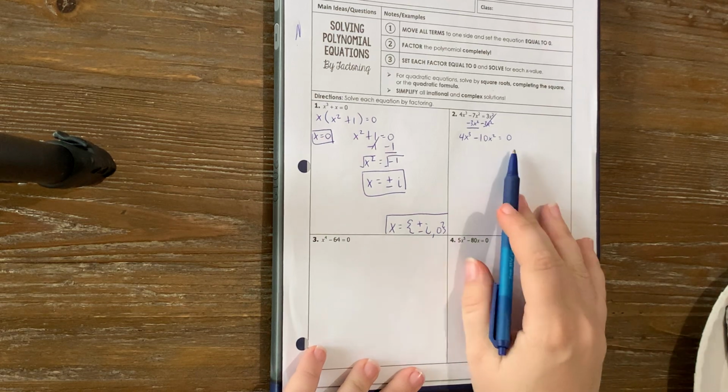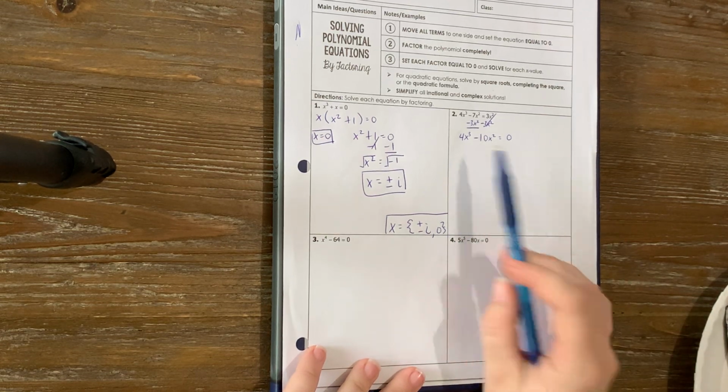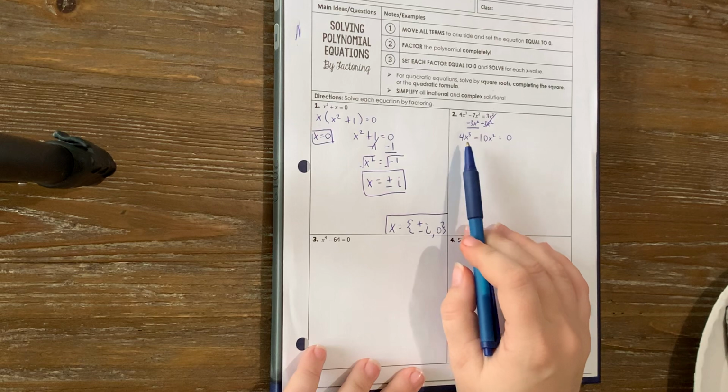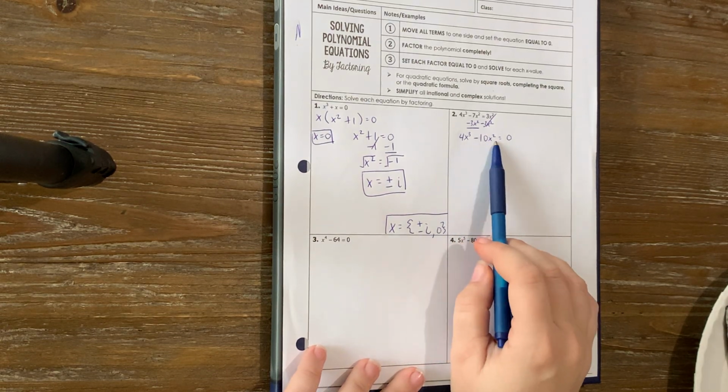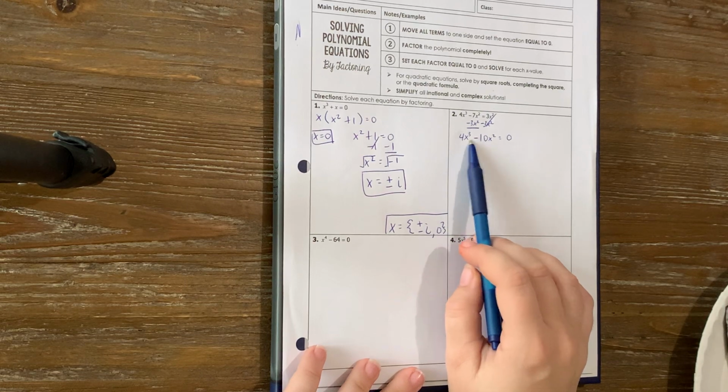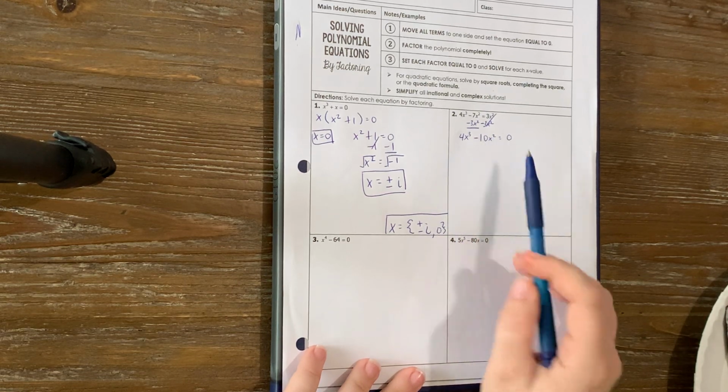The next thing that we want to do is see if there's a greatest common factor we can take out. Well, we can take a 2 out of both 4 and 10, and we can take an x squared out of both of these, because the one with the smallest exponent is x squared.